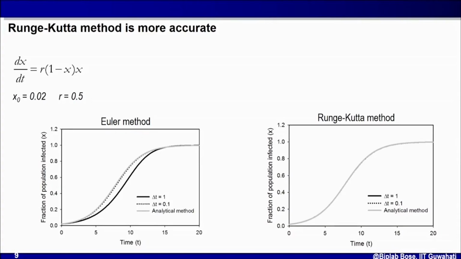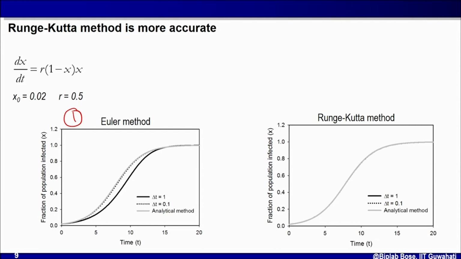Our ODE is the same one that we used for modeling spread of infectious disease, that is dx/dt equal to r into 1 minus x into x. X at time 0 is x naught, equal to 0.02, and r is 0.5 as we have kept earlier. The first graph that I have shown is the result from Euler's method.